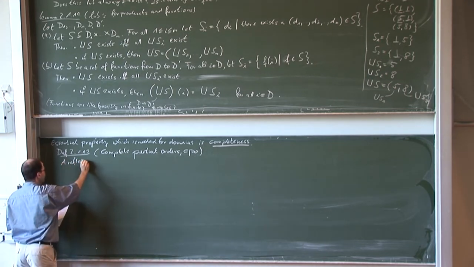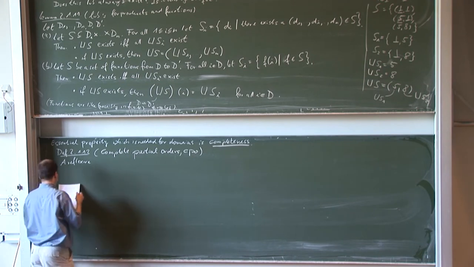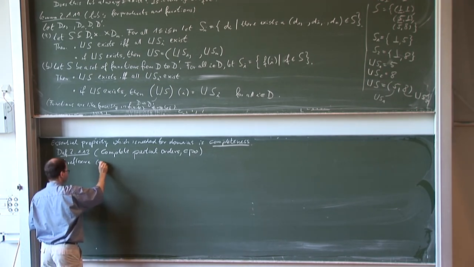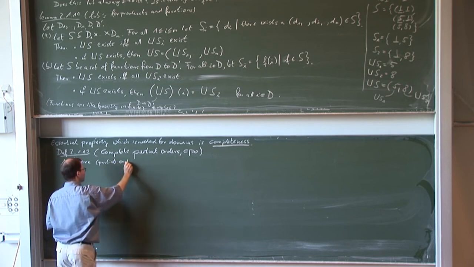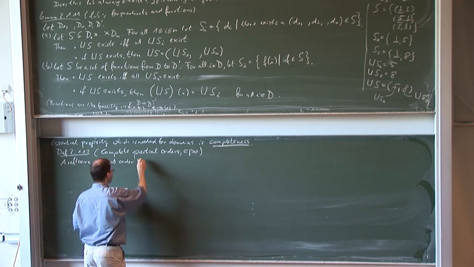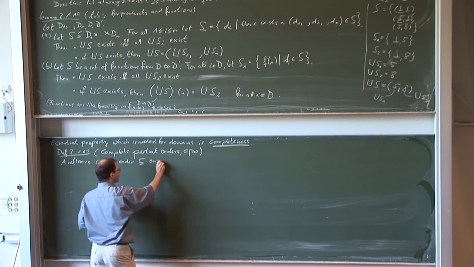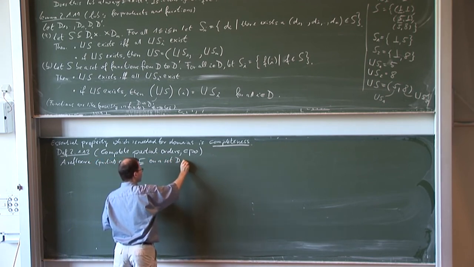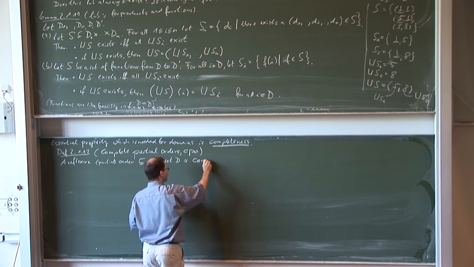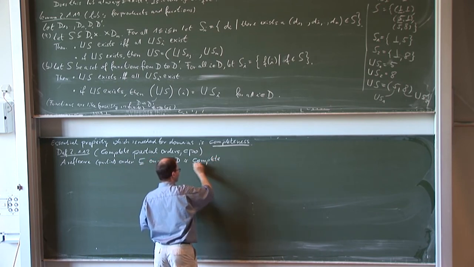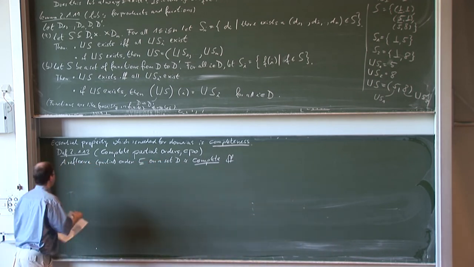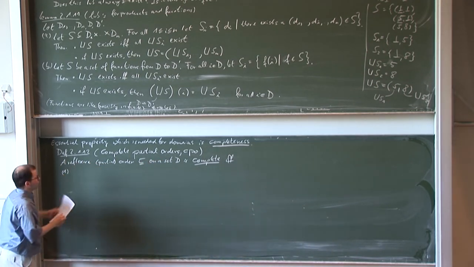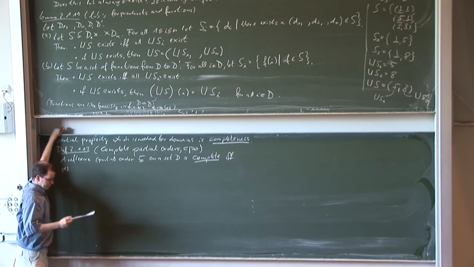So a reflexive partial order on a set D is called complete if the following two properties hold. The first property is there must be a smallest element.